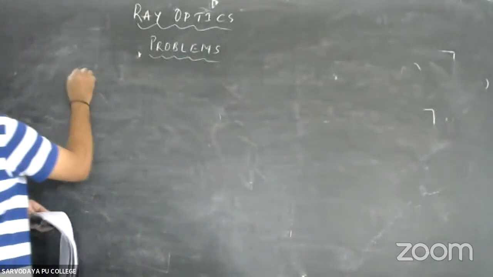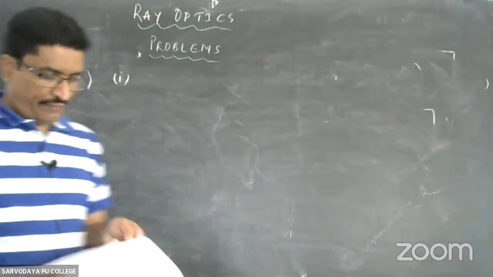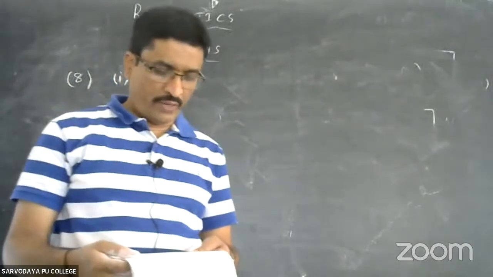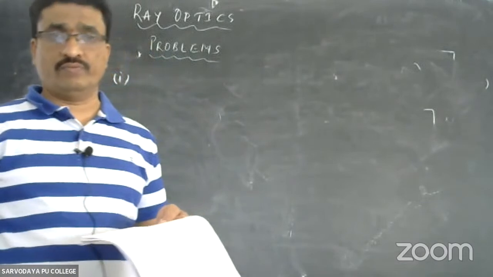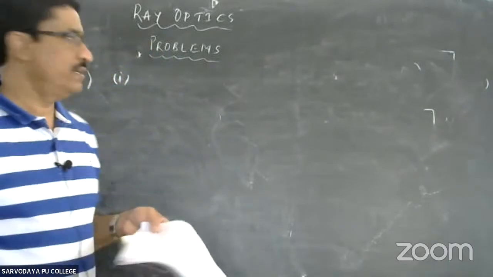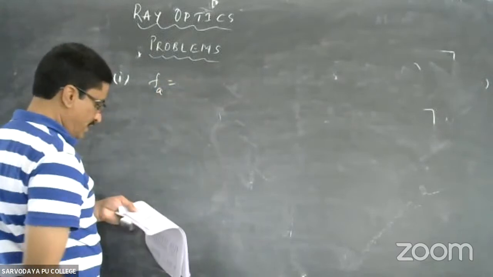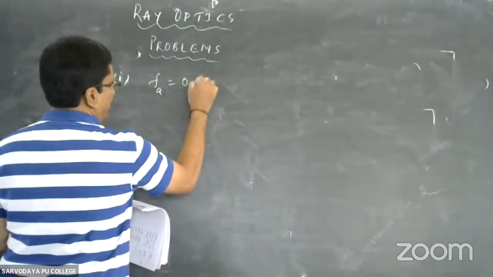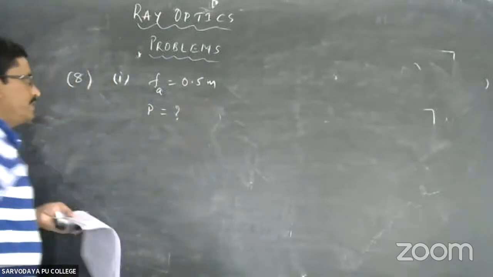Eighth one, first part. If f is equal to 0.5 meter for a glass lens, what is the power of the lens? Focal length in air has been given as 0.5 meter, and we have to calculate the power. This is the first part of the problem.